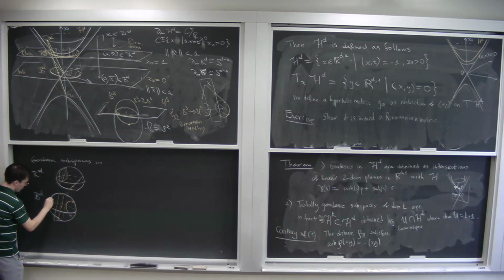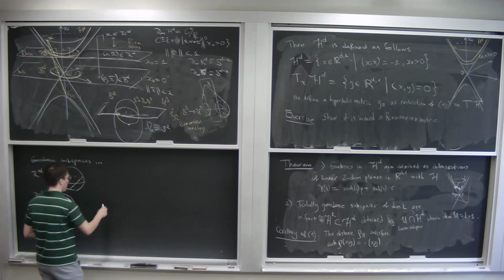So it looks like that, right? Like a hemisphere, orthogonal to the boundary. Okay. So these are geodesic planes in the model B^d.